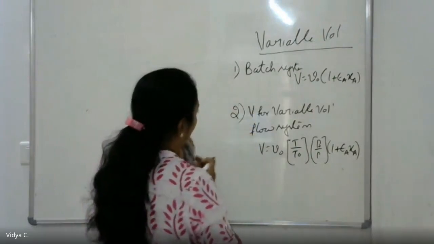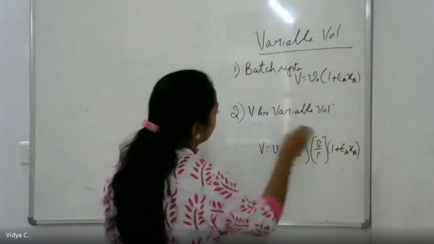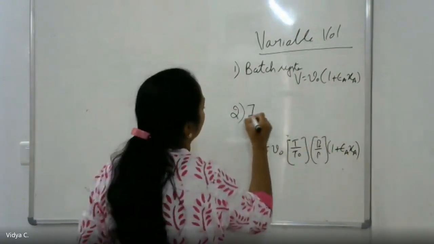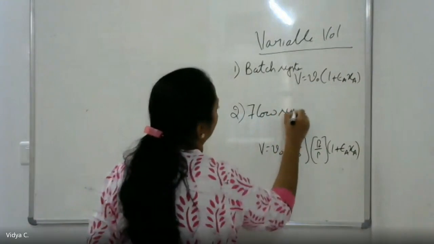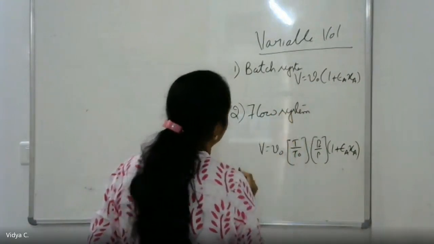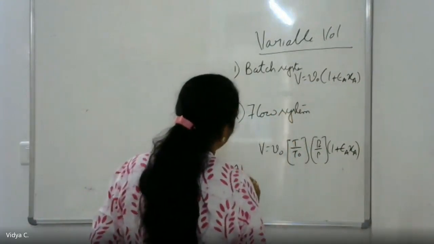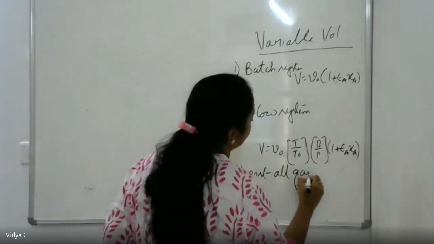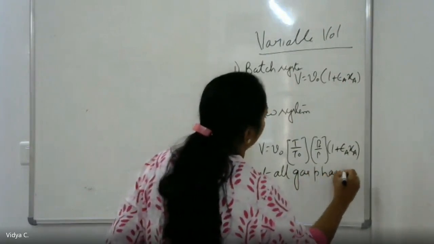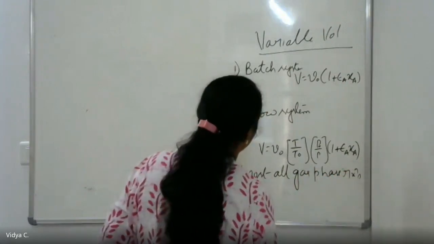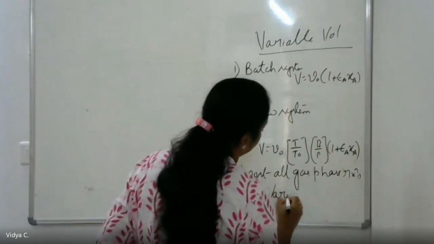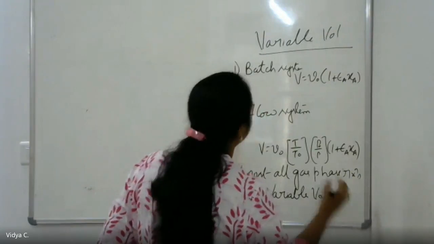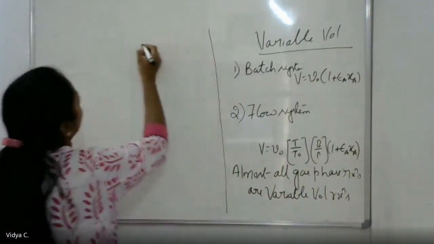V for flow system, this is the equation, and almost all gas phase reactions are variable volume reactions.